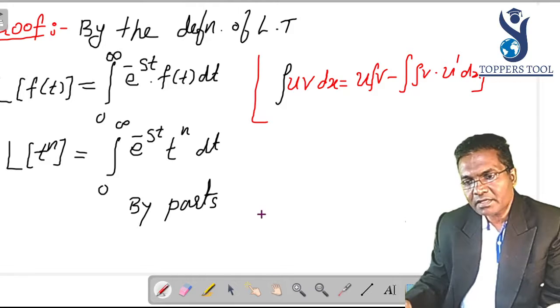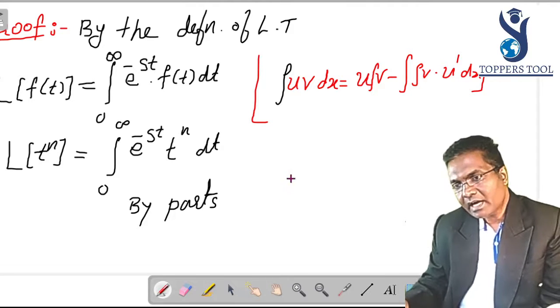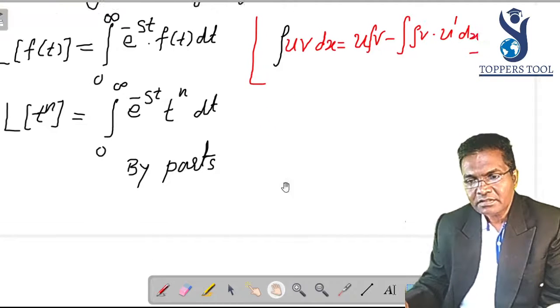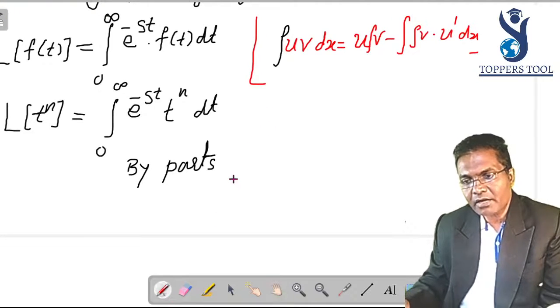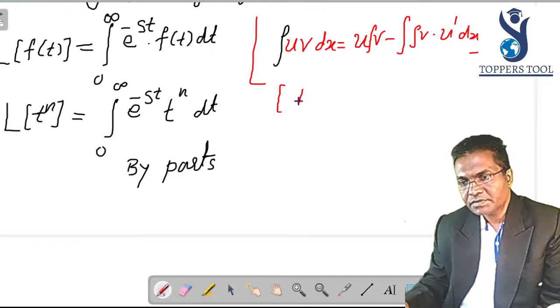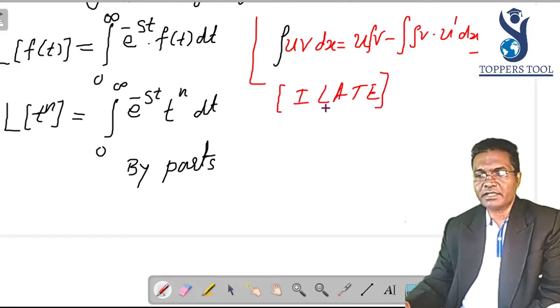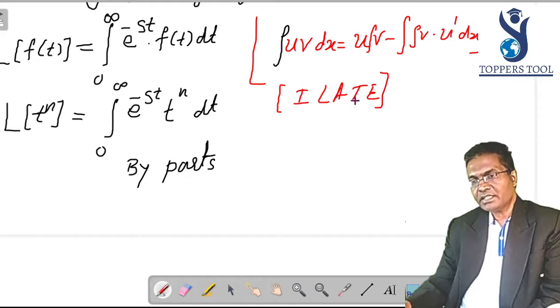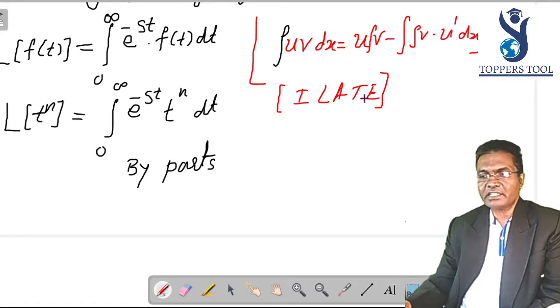And you have to remember the ILATE method, the first function is chosen according to this rule, whichever comes first in this. I means inverse trigonometric, L means logarithmic, A means algebraic, T means trigonometric, and E means exponential.